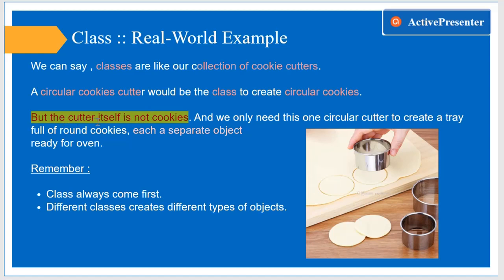The cutter itself is not a cookie, meaning the class itself is not an object, but from the class we can create as many objects as we want. From the circular cookie cutter we can create a tray full of round cookies, each a separate object.